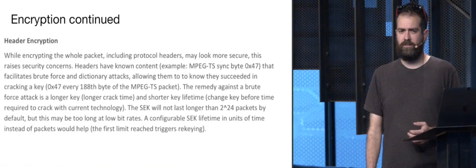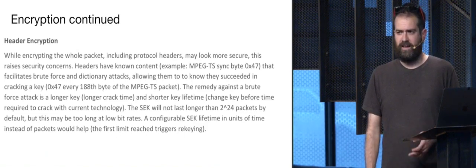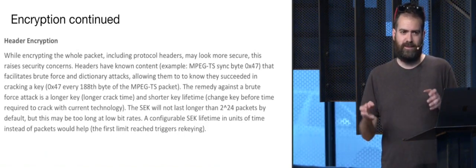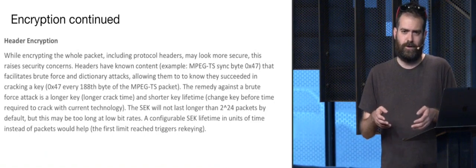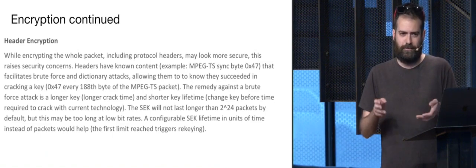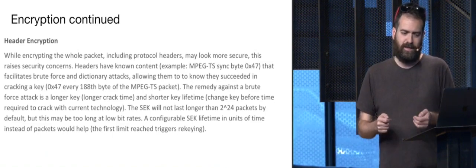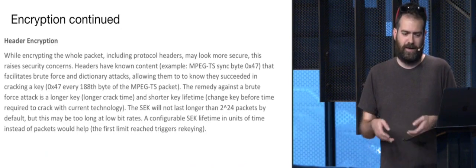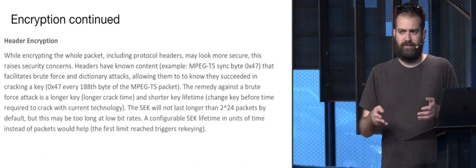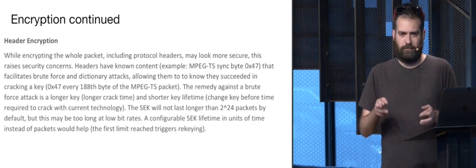So there's this weird little note in the spec that says, hey, encrypting whole packets seems like the most secure thing you can do, but actually encrypting headers is really bad from a brute forcing standpoint, and it particularly calls out the MPEG-TS sync byte. The initial gist you might get from this is that it wants you to not encrypt those TS sync bytes for the TS headers.